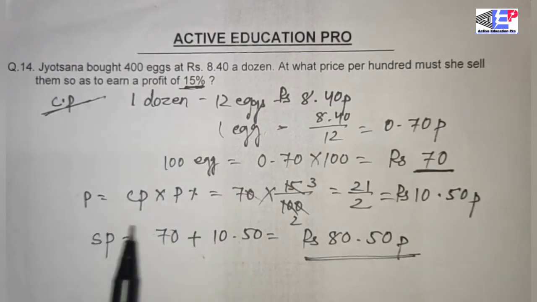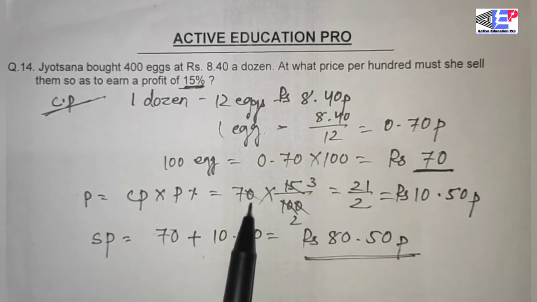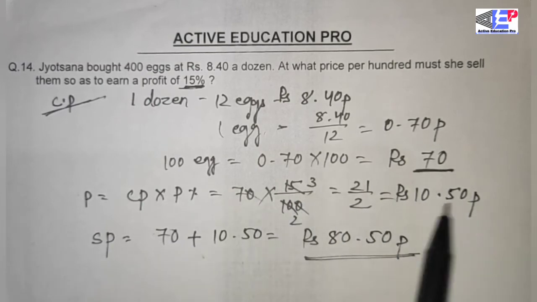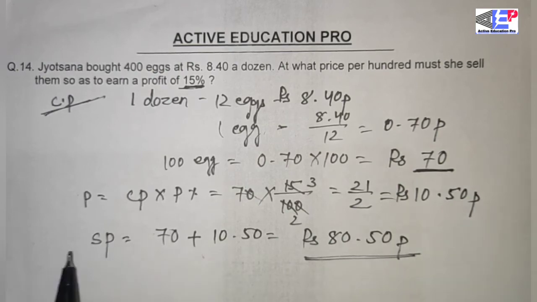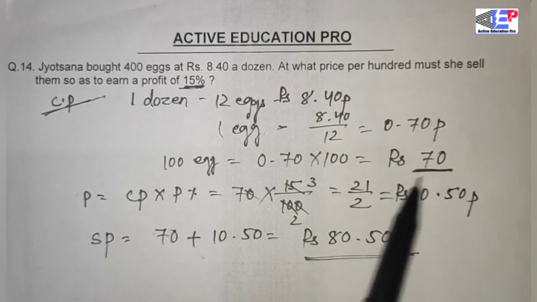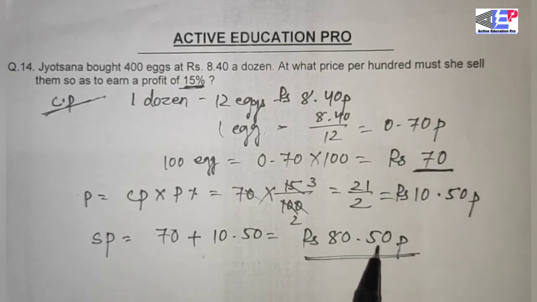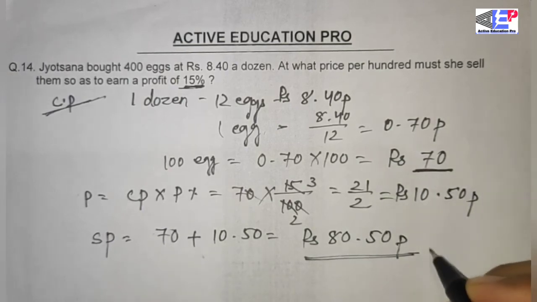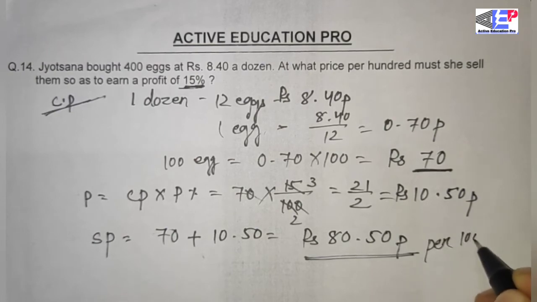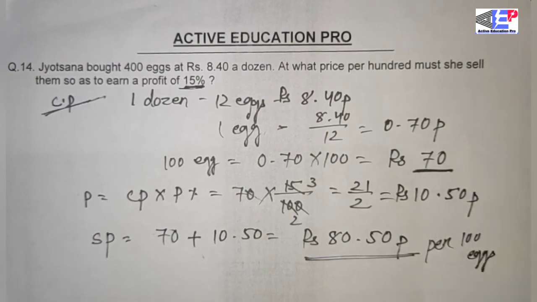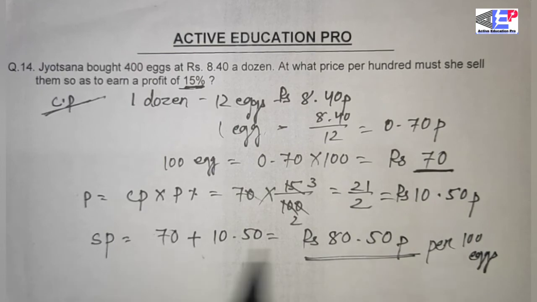So the profit amount will be 15% of the cost price. The amount is 10 rupees 50 paise, and the selling price will be cost price plus profit. This is the cost price, this is the profit, and 80 rupees 50 paise is the selling price per 100 eggs. This is the selling price for 100 eggs, not for the total eggs.